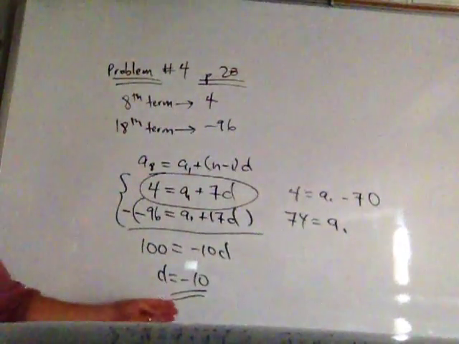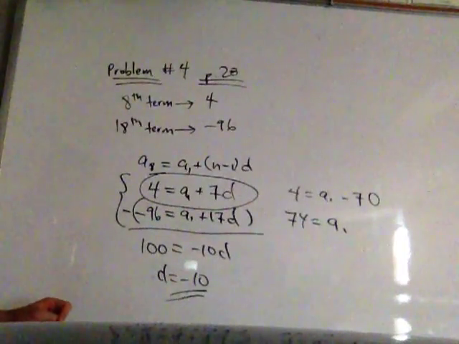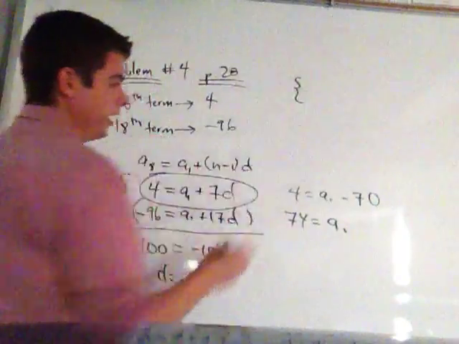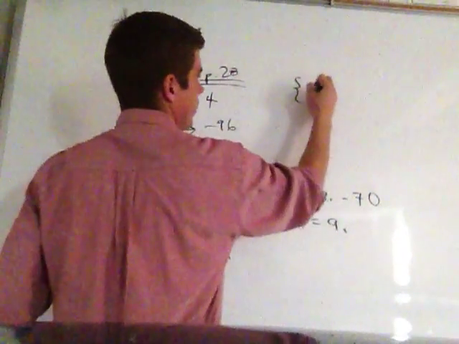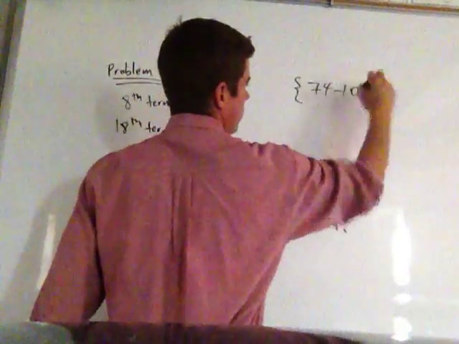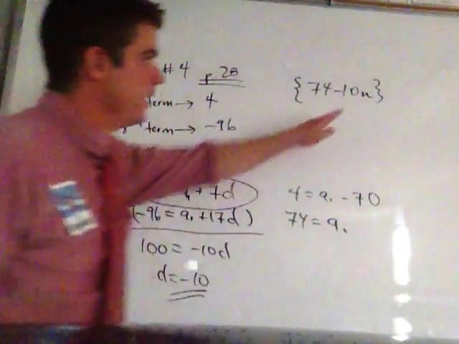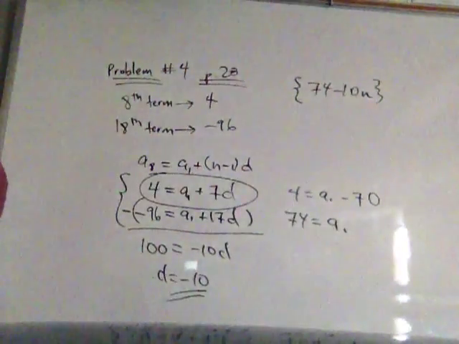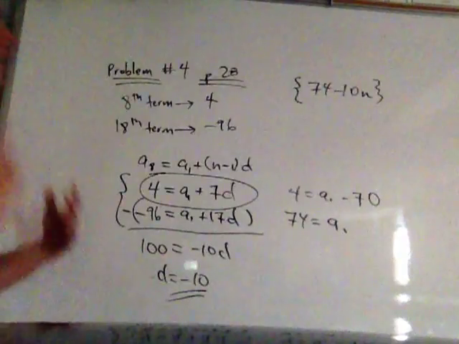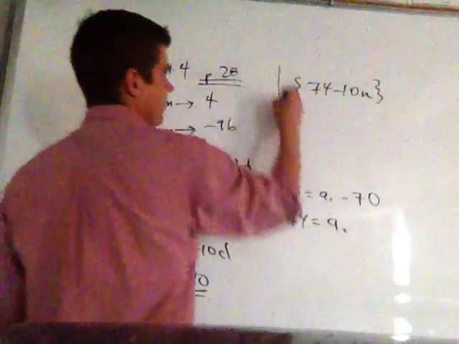So I know the common difference, I know the sequence starts at 74, therefore my sequence can be defined as 74 minus 10n, where n is whichever term you want in the sequence. N is defined in the domain of natural numbers. So n equals 1, n equals 2, n equals 3, etc. Until you get to whatever term you want.